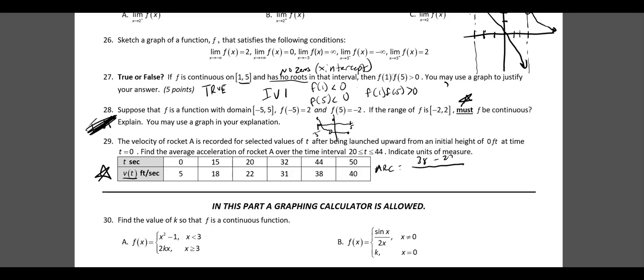So 38 minus 22 all over 44 minus 20. 38 minus 22 is 16. 44 minus 20 is 24. So you get 16 divided by 24. They're both divisible by 4, so you say 2/3, and the units are feet per second squared.